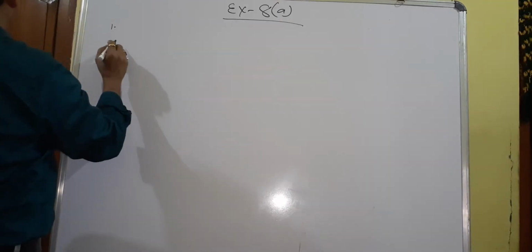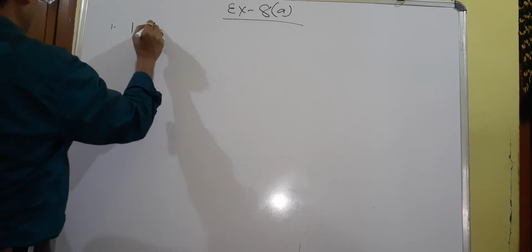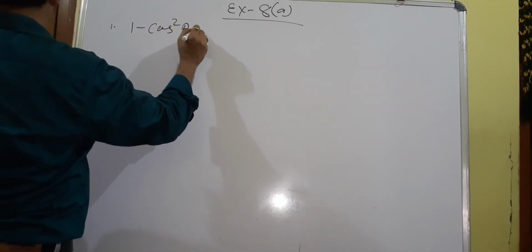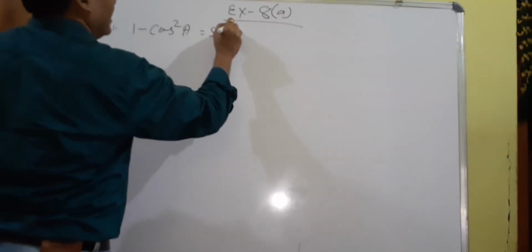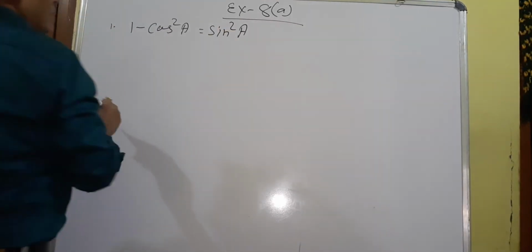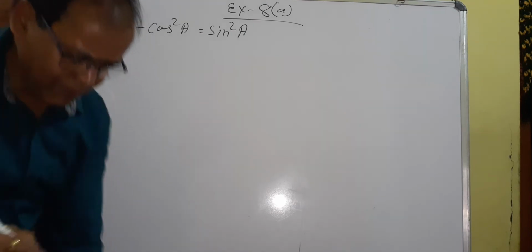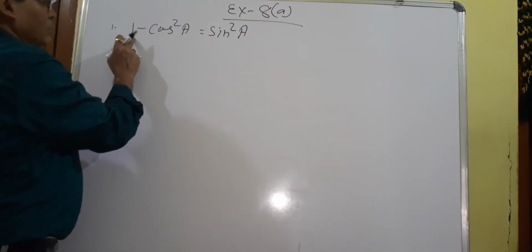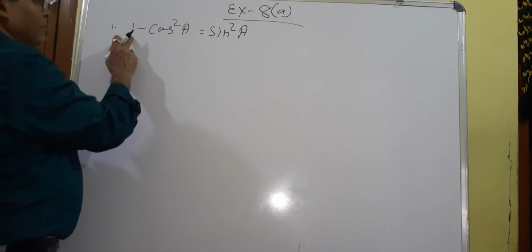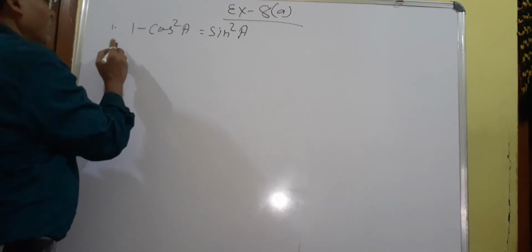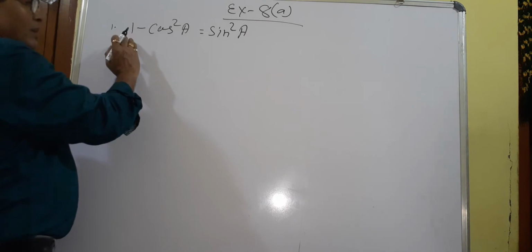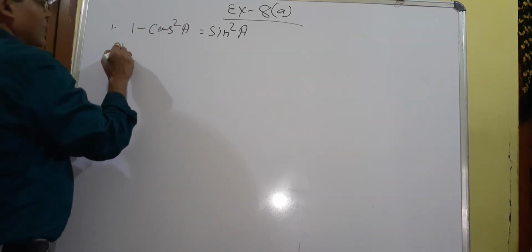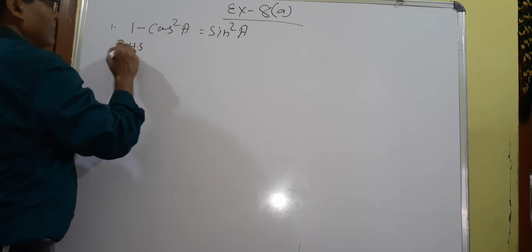Number 1, 1 minus cos square A is equal to sine square A. This is very simple. Many ways to solve. You know the formula number 1 I just gave: sine square A plus cos square A. First of all, you want to prove from the left side or right side. If we take the left side part, we should write left hand side.